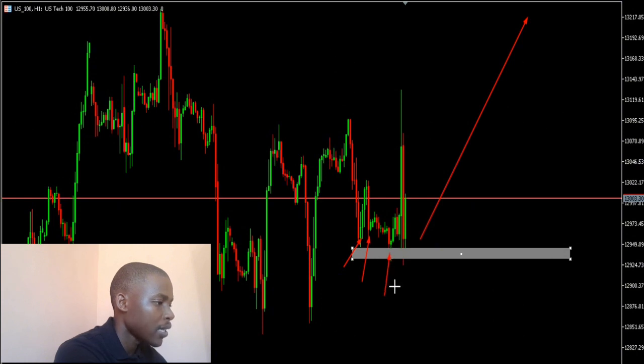Price rejected that level, and also rejected with a bullish candle. Price came down, managed to break, but it closed above that level of support. Even this bullish candle right now is respecting this area of support. So we can confidently say the market is looking to push to the upside.